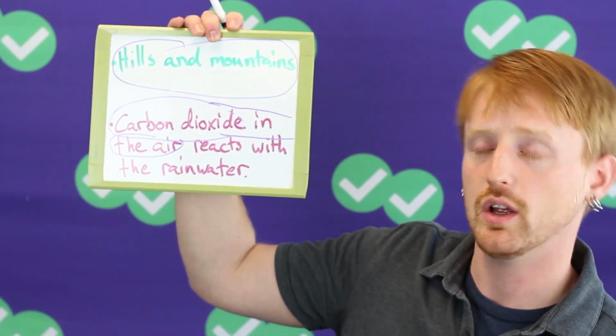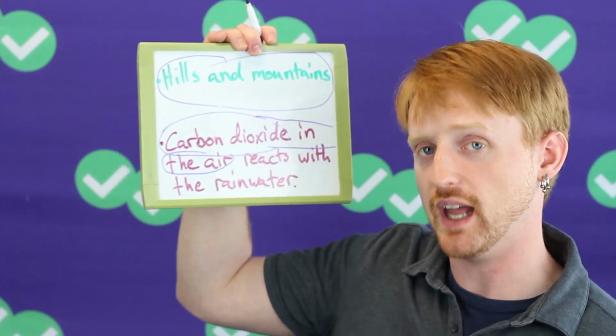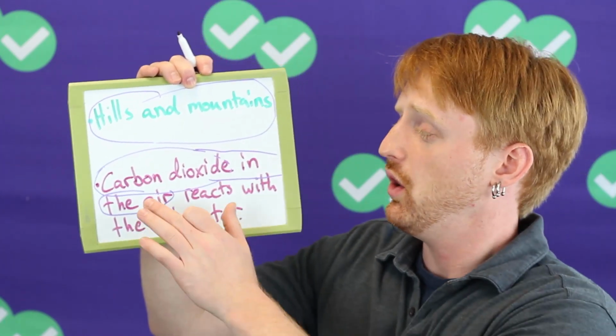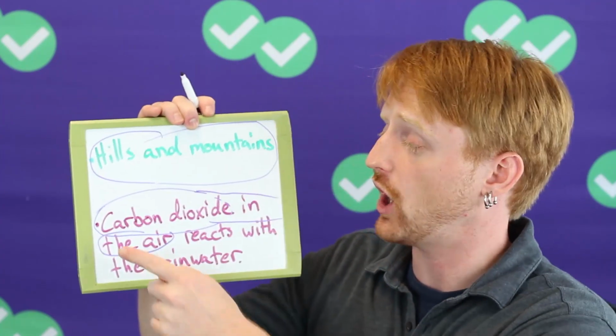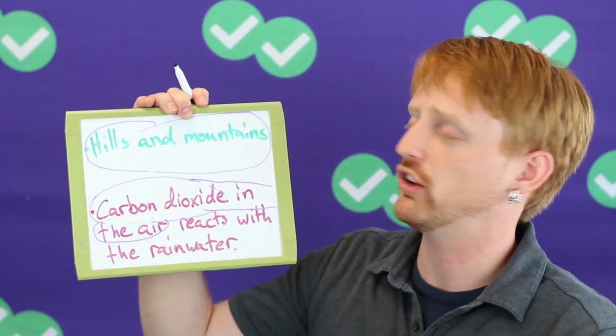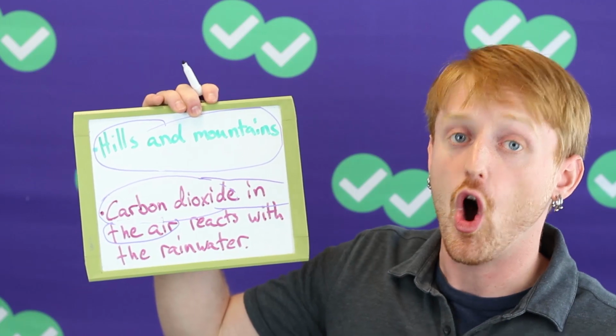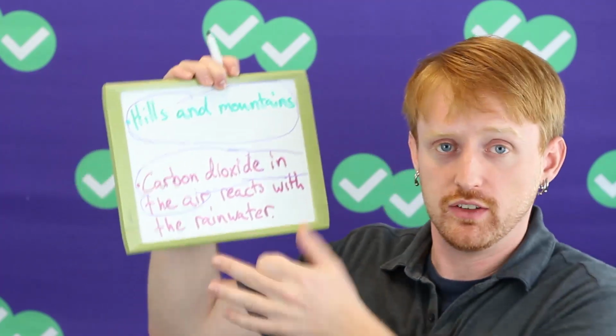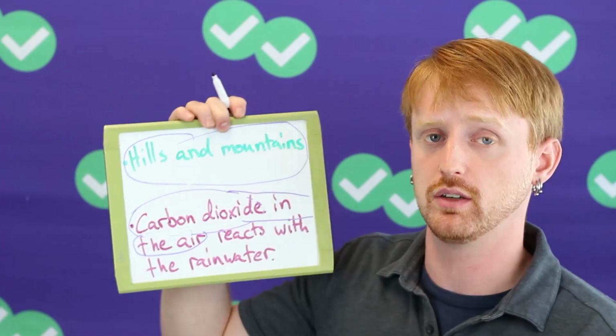So let's extend this circle here so it also includes in the air. Carbon dioxide in the air. Now let's treat that as the subject because we're talking about specific carbon dioxide here, not just any carbon dioxide, all carbon dioxide in the air. If it's not in the air, then it's not here. It's a different subject.